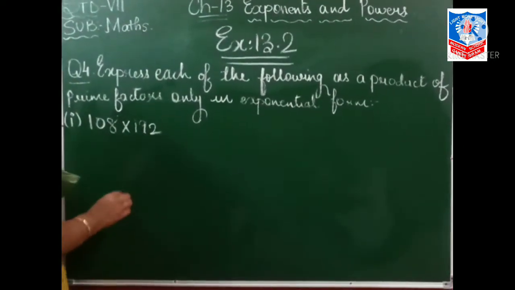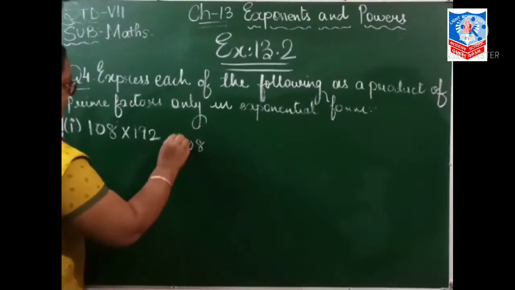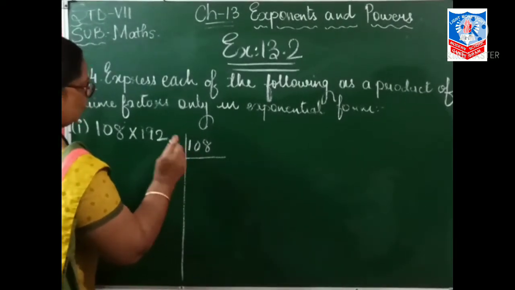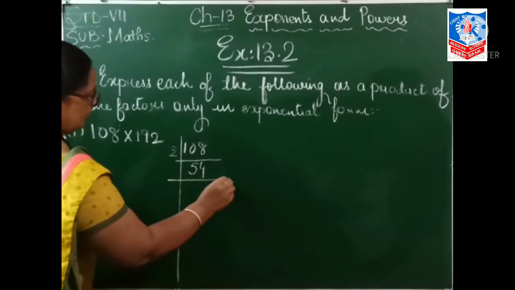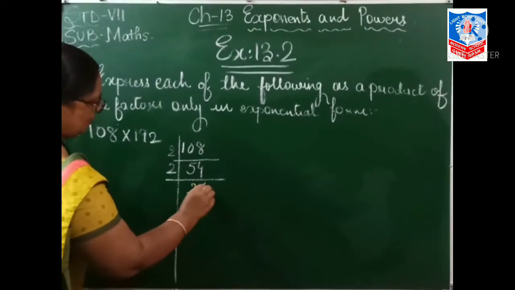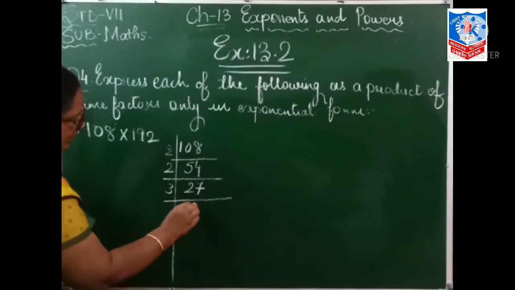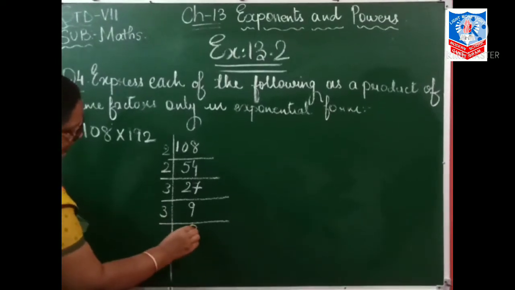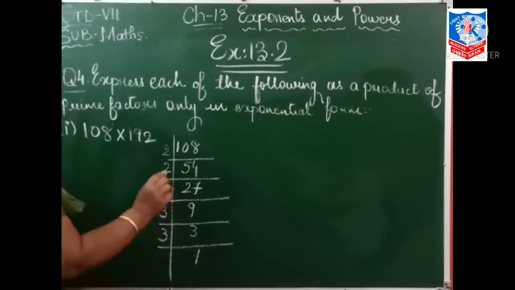So, first let us factorize this. 108. 2, 54. 2s are 27. 3, 3 9s are, 3 3s are, and 3 1s are.